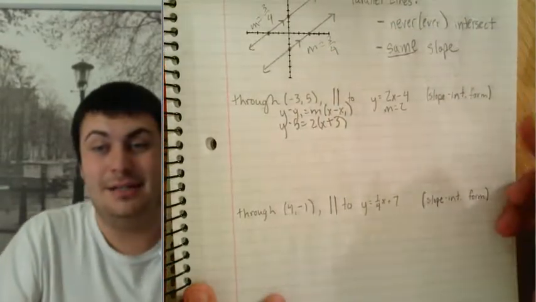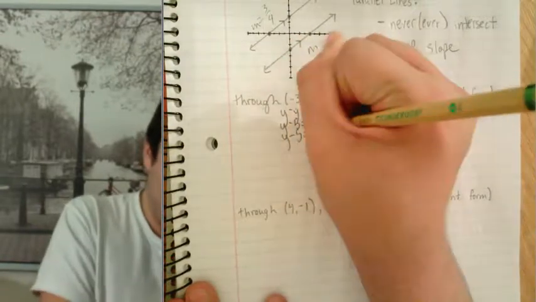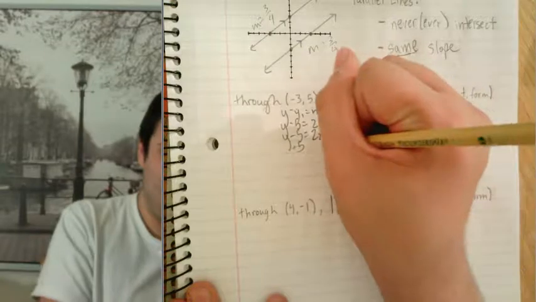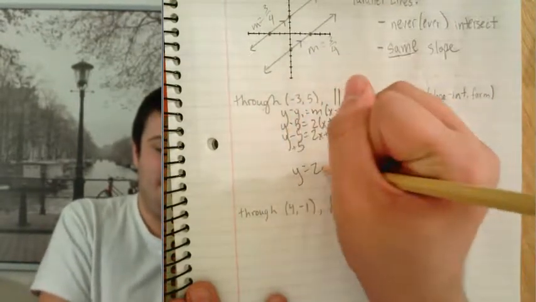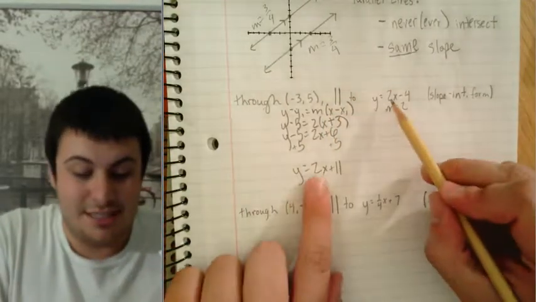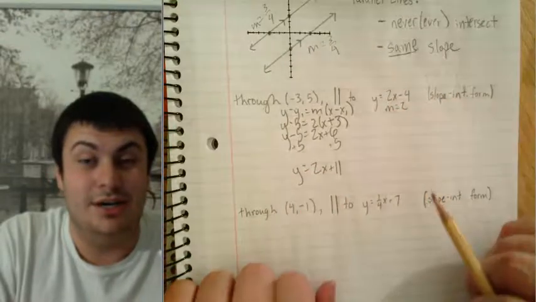And we want slope-intercept form, so I'm going to distribute: y - 5 = 2x + 6. I'm going to add 5 to both sides. So finally, the line that's parallel and runs through that point is y = 2x + 11. Double check, does it have the same slope? Yes, it does. So we are good to go.